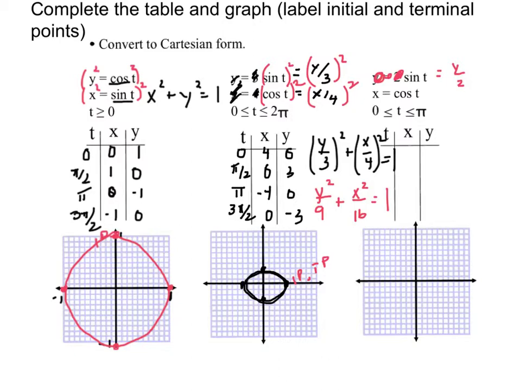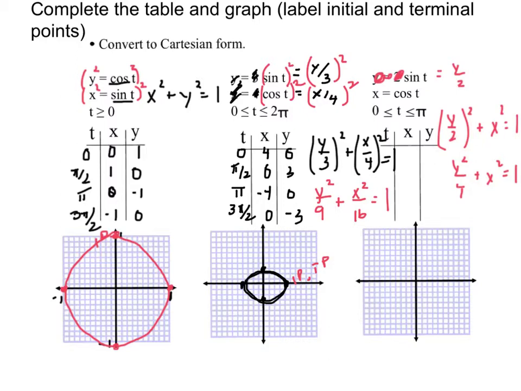But cosine is just x, so we'll have y over 2 squared plus x squared equals 1, so y squared over 4 plus x squared equals 1. Because I didn't graph it, just pay attention to the fact that it's only 0 to pi, so there will definitely be an initial and terminal point because it's not even making the whole ellipse.